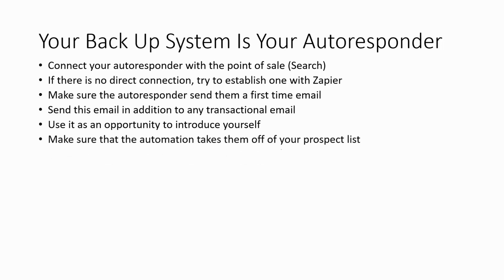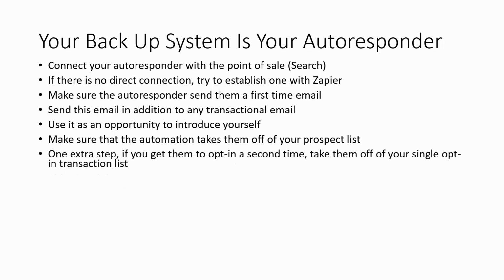Now, one more important thing about this, we talked about this earlier: when you make this sale, you want to make sure that the list automation takes them off the prospect list. This is something that we talked about earlier in the series, so make sure that that happens.